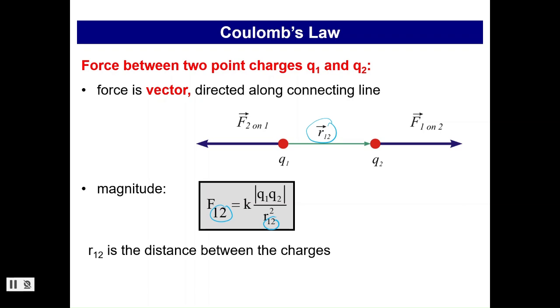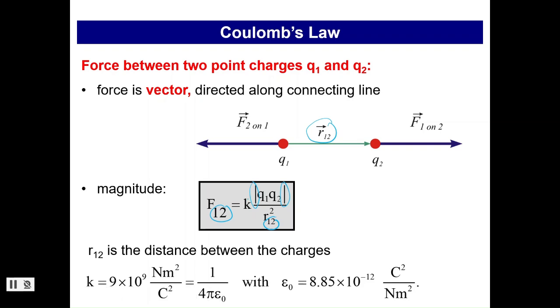So r12 in this case is the distance between the 2 charges. q1 and q2 are charges. Notice the absolute values right here. Those absolute values basically tell you don't include the signs, positive or negative, because we're going to use vector diagrams, force diagrams, to show the direction. So we don't plug that into our actual equations. We're just going to use the magnitudes of those charges.